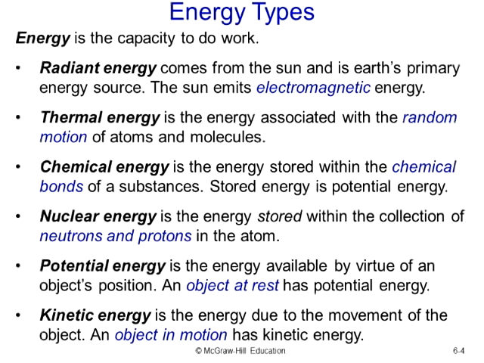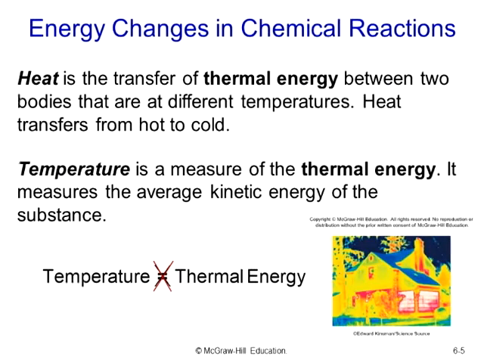We now know that there are different forms of energy, and that these forms of energy do work. Energy is the capacity to do work. We also now know that heat is the transfer of thermal energy between two bodies at different temperatures. Heat transfers from hot to cold, higher to lower.